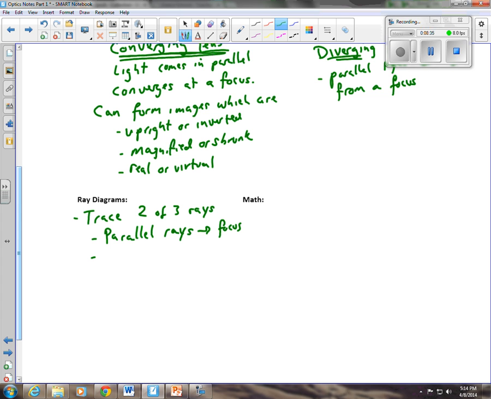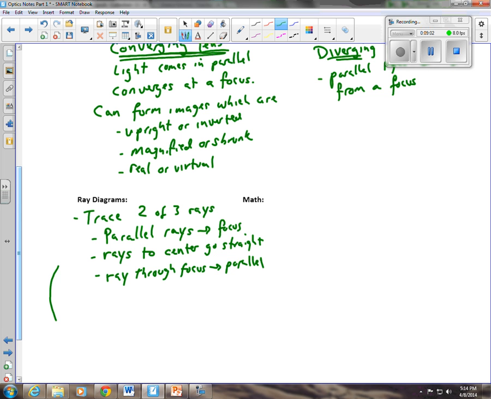One we haven't talked about yet is that rays to the center go straight. And then the last one is it's the reverse of the first one. Rays through the focus go parallel.